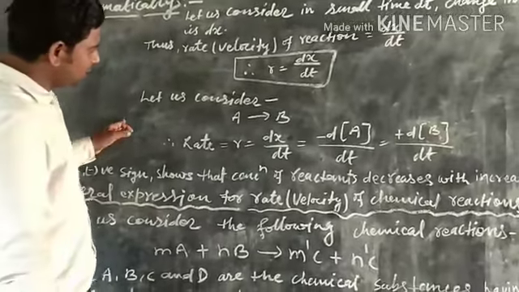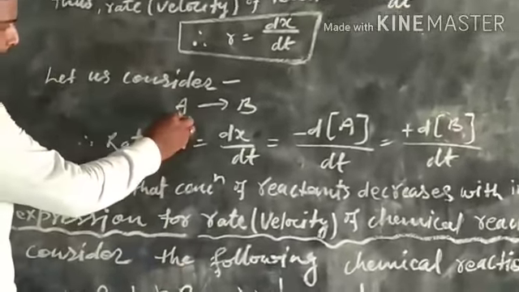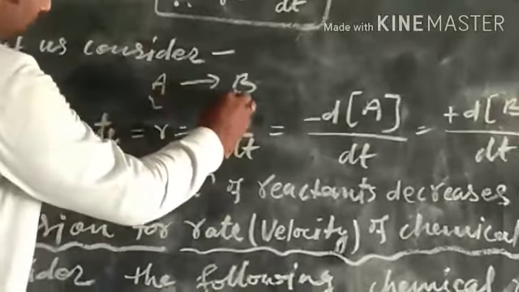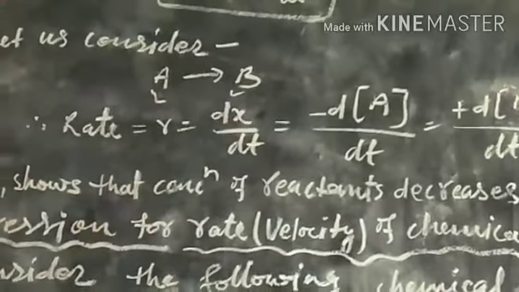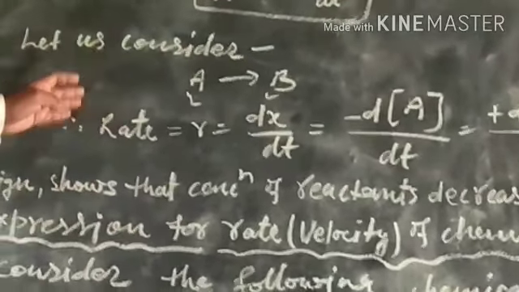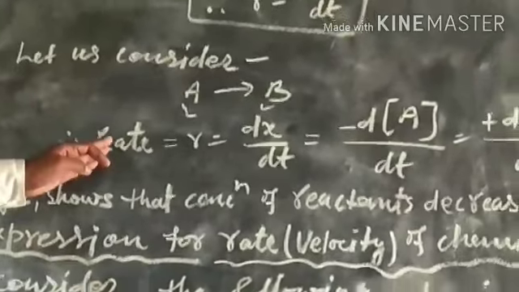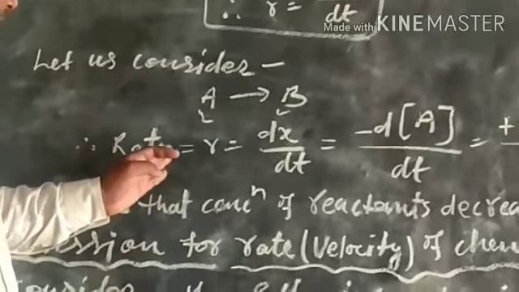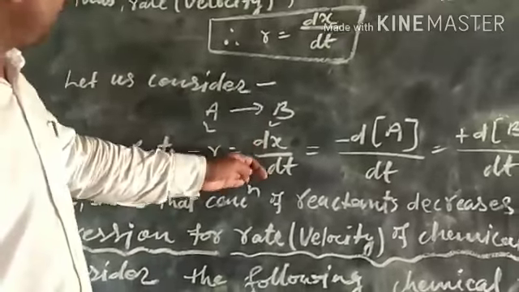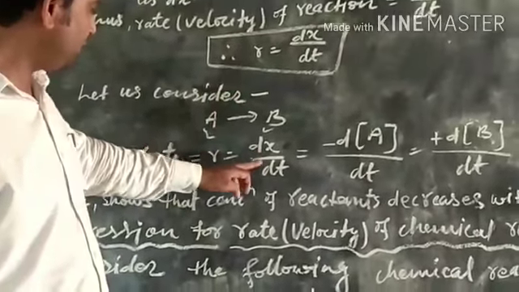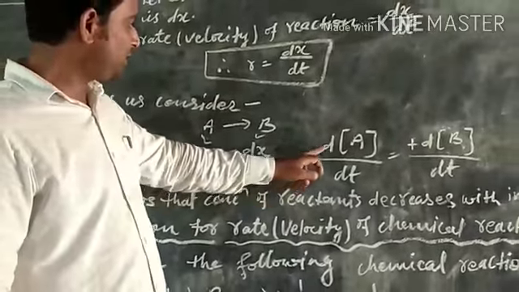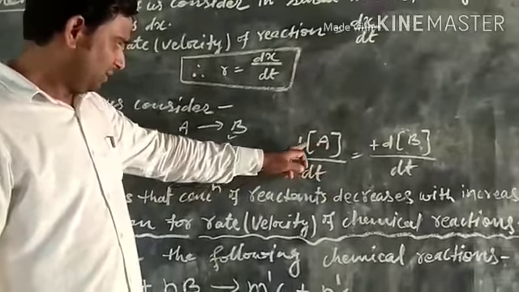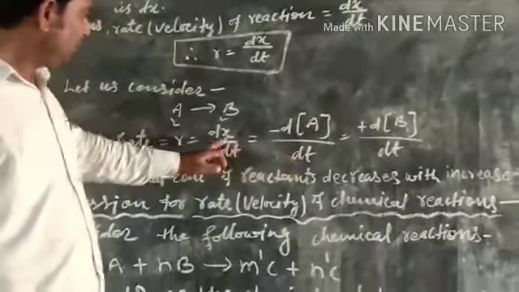Again, let us consider that reactant A is converted into B. In this case, rate r equals dx by dt, and dx by dt equals minus d[A] by dt.